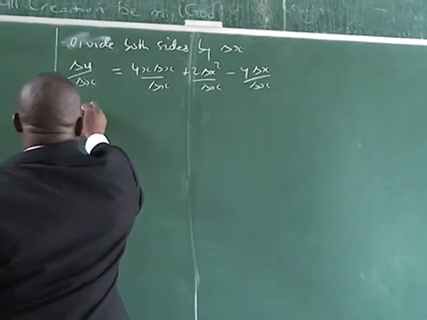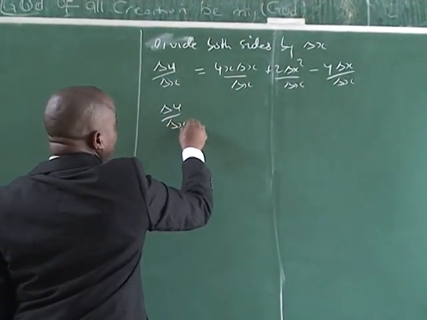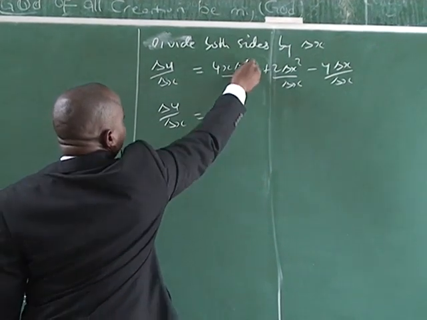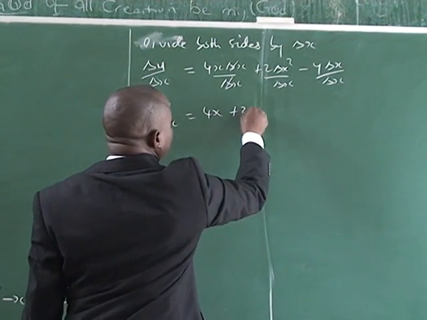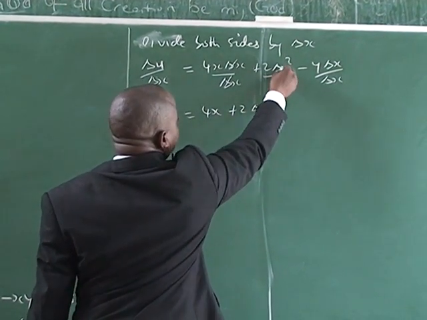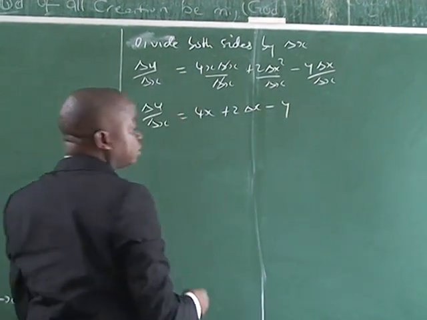That will give me change in u over change in x is equal 4x, because this can cancel this. Then plus 2 change in x, because this can cancel this, remaining 1 minus y.